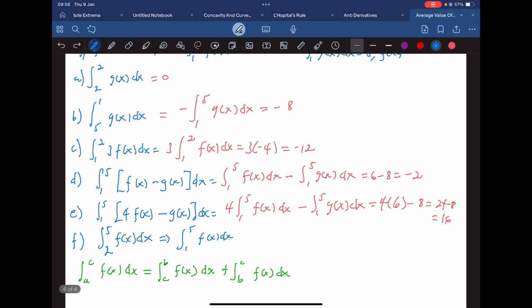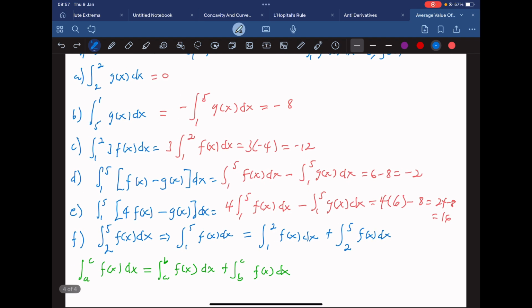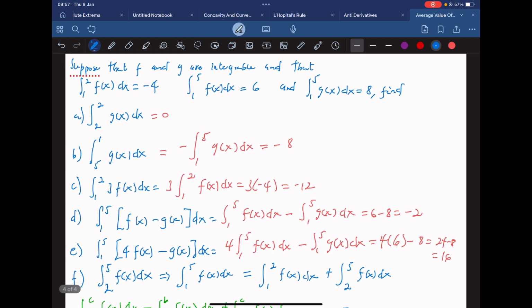Then you can see that this is equal to the integral of 1 to 2 f of x dx plus now the integral of, we can have 2 to 5 f of x dx. So basically, you can see that these two were given to you in the question. So all I have to do is to make substitution. So 1 to 5 was given to be 6.